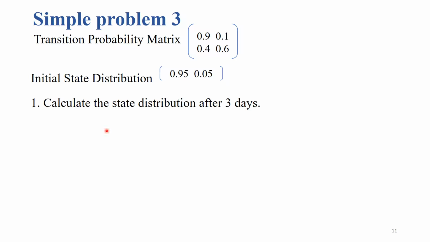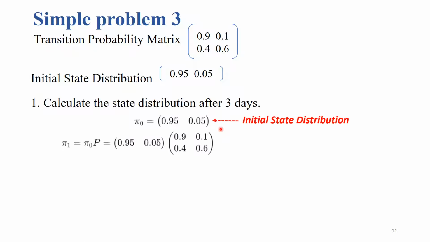Now let us compute the state distribution after 3 days. This is the initial state distribution 0.95, 0.05. To compute the state distribution after 1 day, pi 1 will be equal to pi naught into P. That is the initial state distribution with the transition probability matrix. We need to find the product, and the value is 0.875, 0.125.